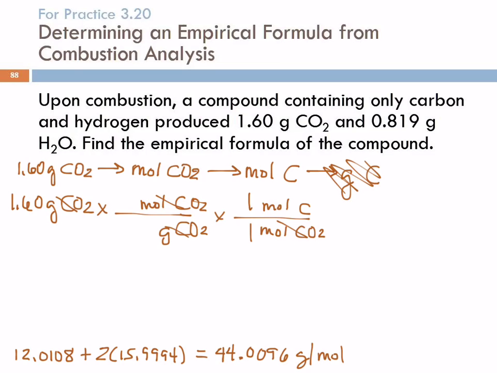So that's the number I want to stick in here. So 1 mole is 44.0096 grams. 1.6 divided by 44.0096 times 1 divided by 1 is 0.036. I want to keep at least 3 sig figs. I'm just going to throw caution to the wind and keep 1 extra.